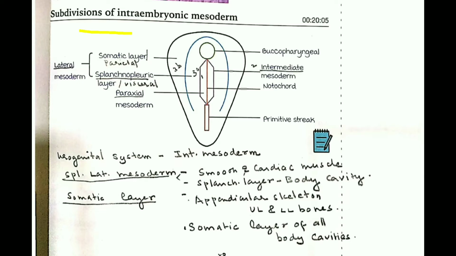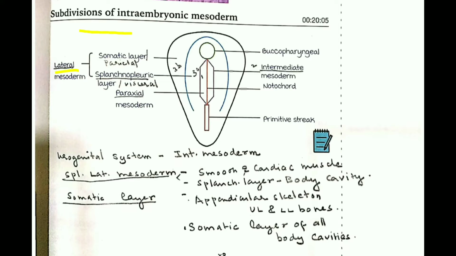there are subdivisions. First of all, there is this one which is nearby to the midline mesoderm or the notochord. That is called paraxial mesoderm. Then we have this one which is the intermediate mesoderm, and then the rest of the mesoderm is called lateral mesoderm.